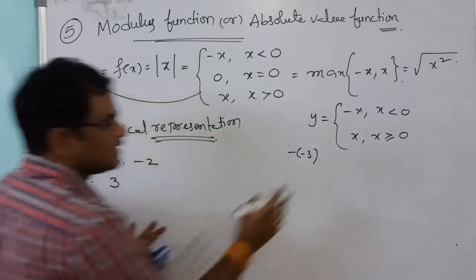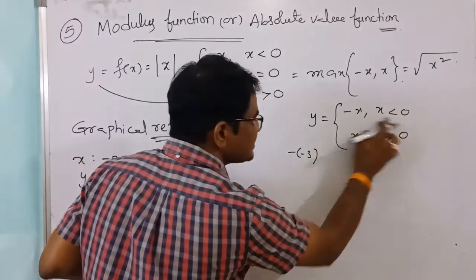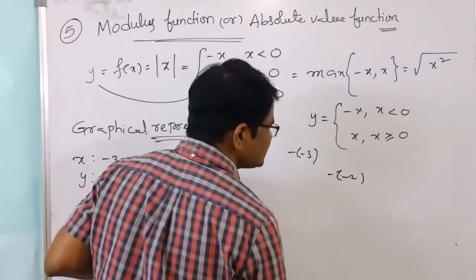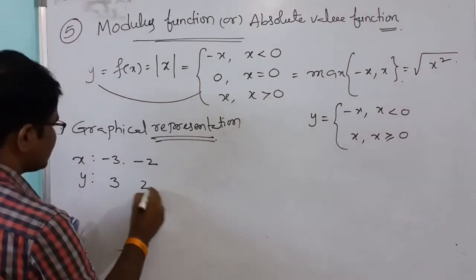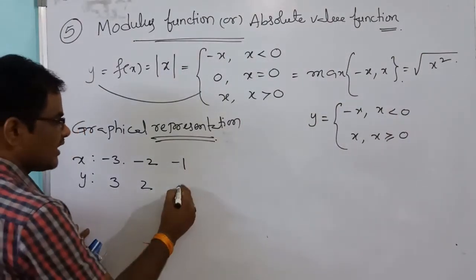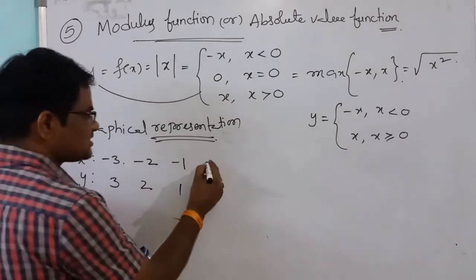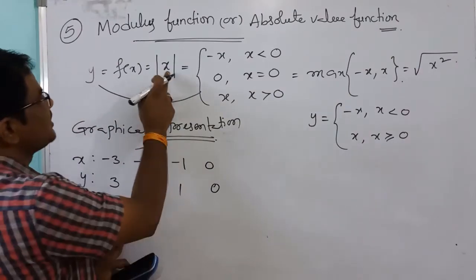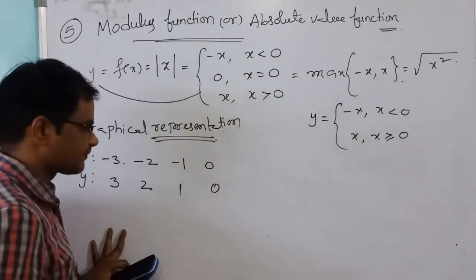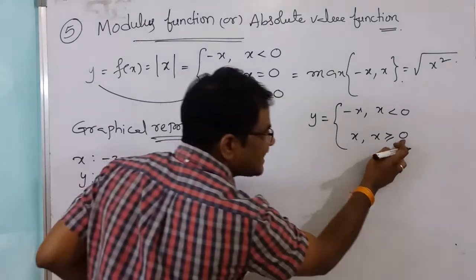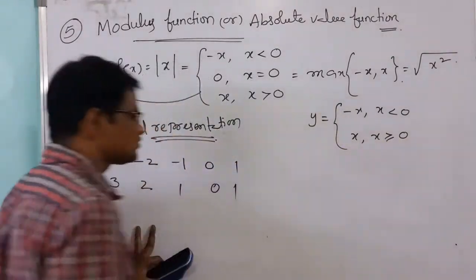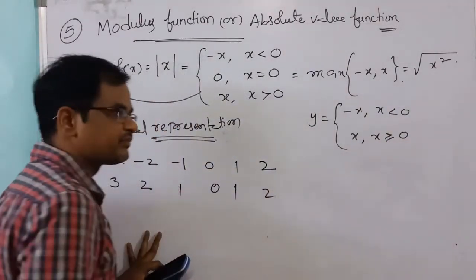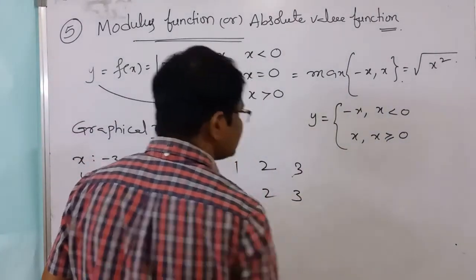Next, minus 2: x less than 0, y is minus x, minus of minus 2, that is plus 2. Next, x is minus 1, y is plus 1 only. Suppose x is 0, y is 0. x is 1, greater than 0, y is x, means 1 only. If x is 2, y is 2 only. If x is 3, y value is 3.